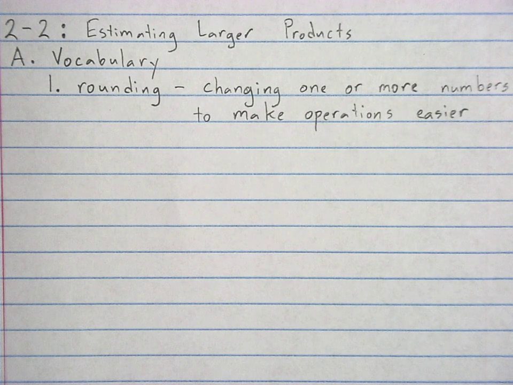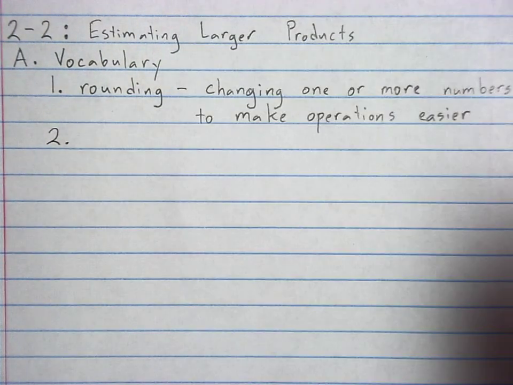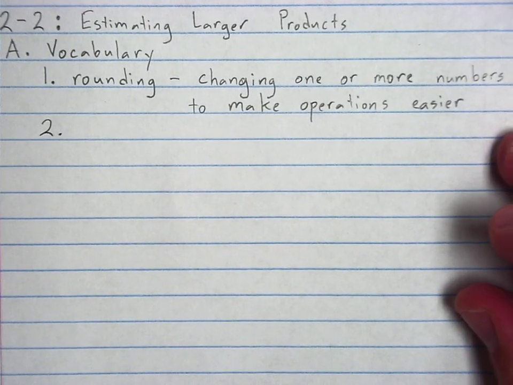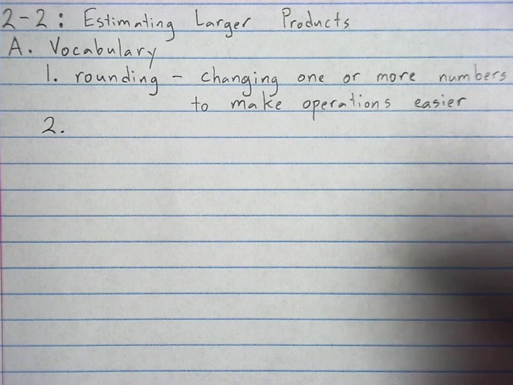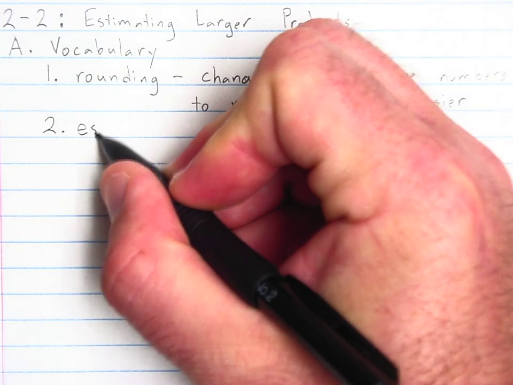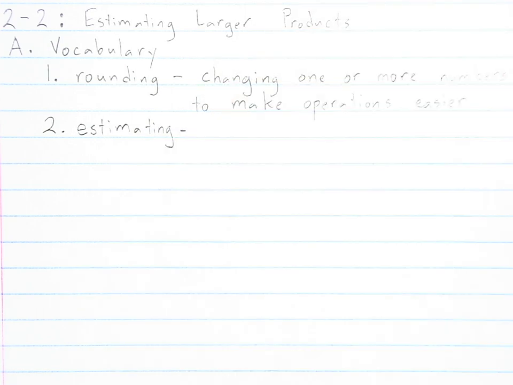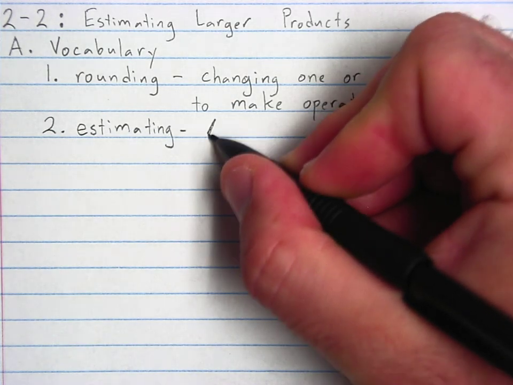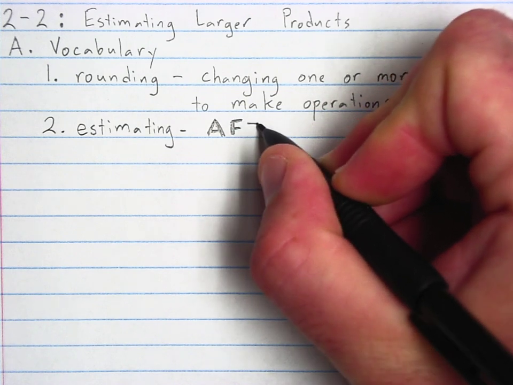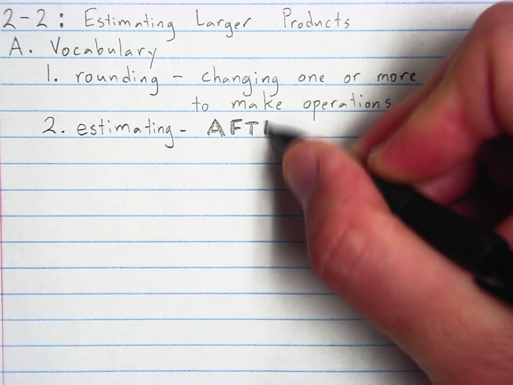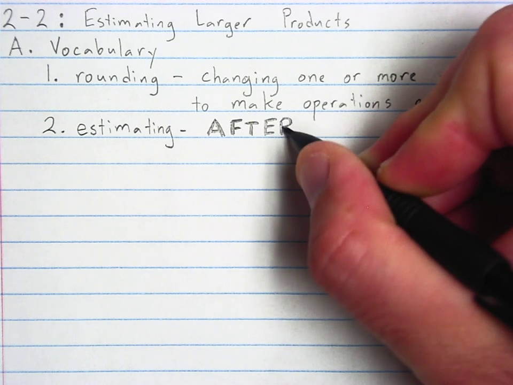Estimating is one of the few times I go against my teacher impulse to tell you, everything on paper. You're going to do a little on the paper, but for estimating and rounding, you want to try to do it in your head. Now, the estimating itself comes after the rounding. After you have changed one or more numbers.